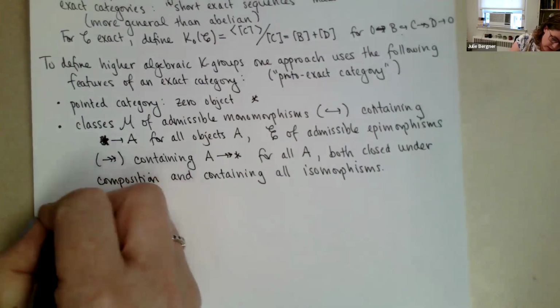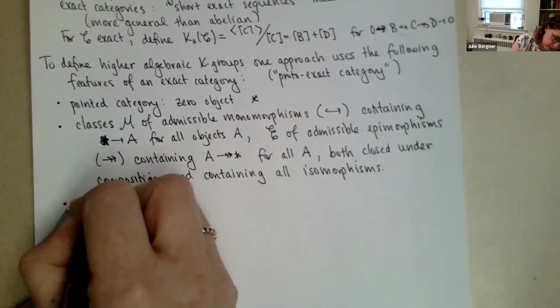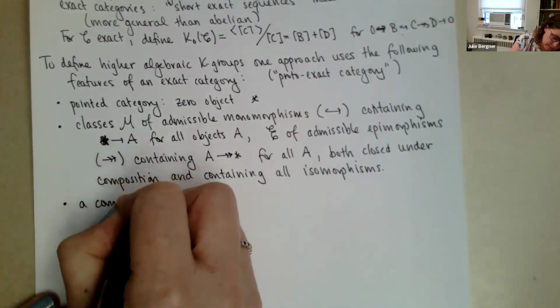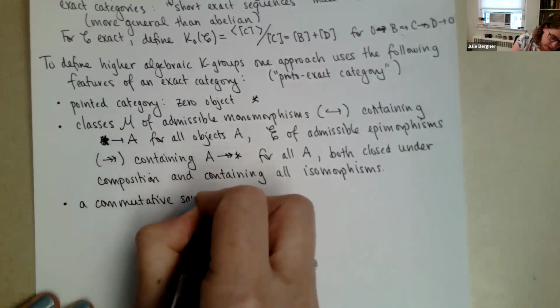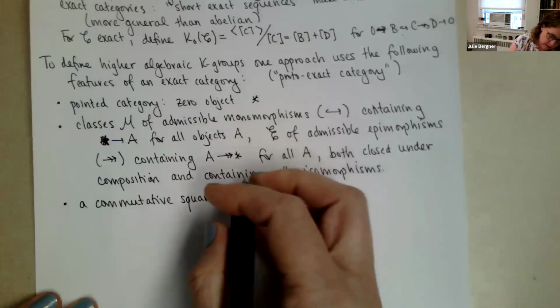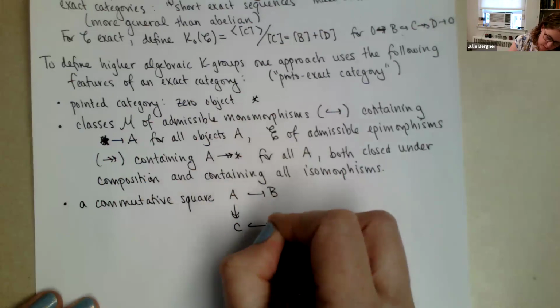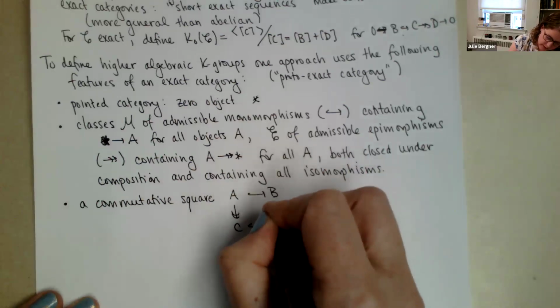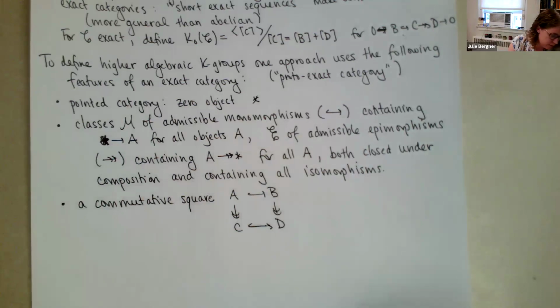Okay, and then the third thing we're going to use is about a commutative square in our category, say this one here. I want my horizontal maps to be admissible monos and my vertical maps to be admissible epis.